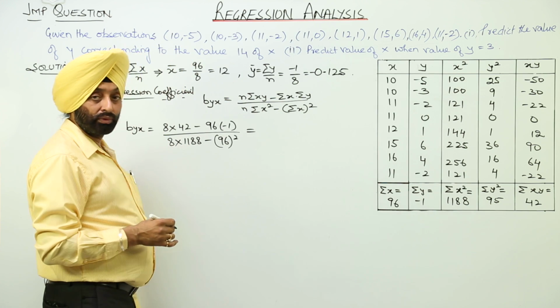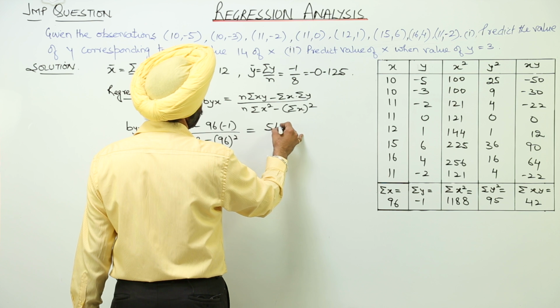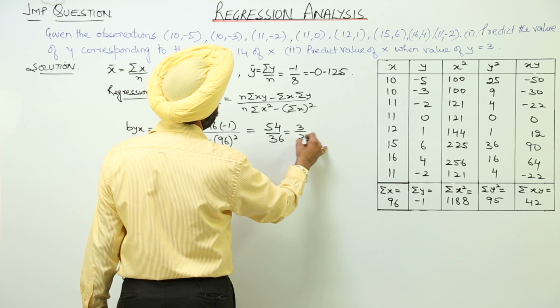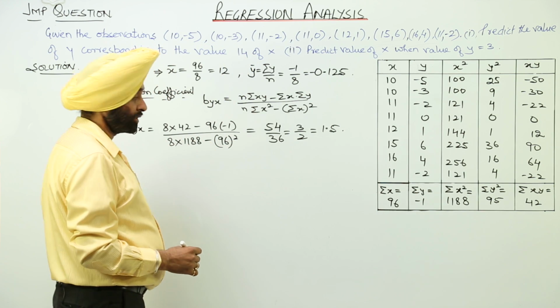On solving this we get 54 upon 36, which is 3 by 2, equal to 1.5. First thing.